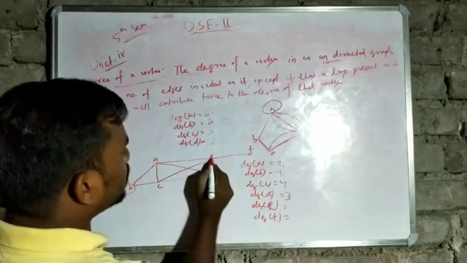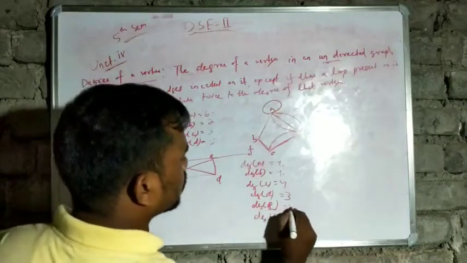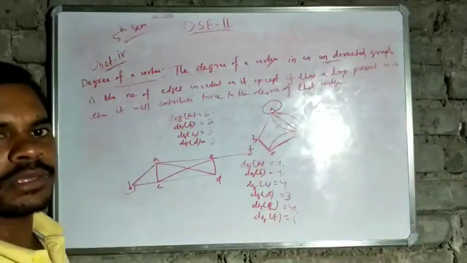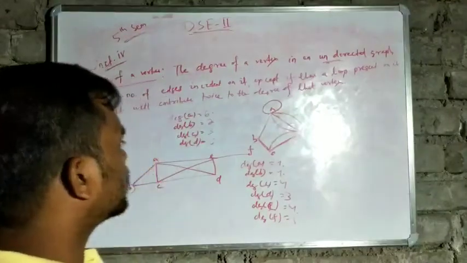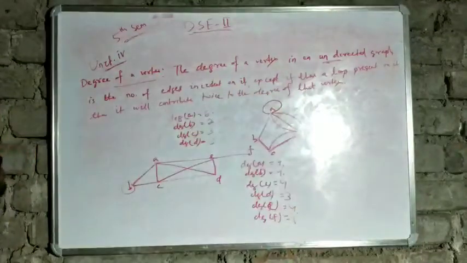Similarly, the degree of E is 1, 2, 3, 4, and the degree of F is 1. Okay, now you can find the degree of a vertex in an undirected graph.